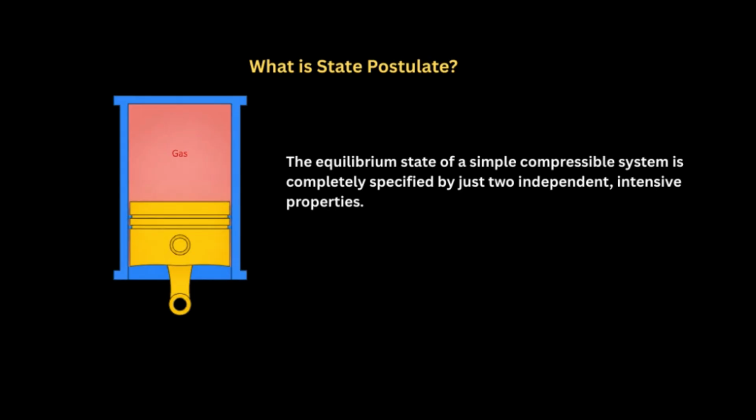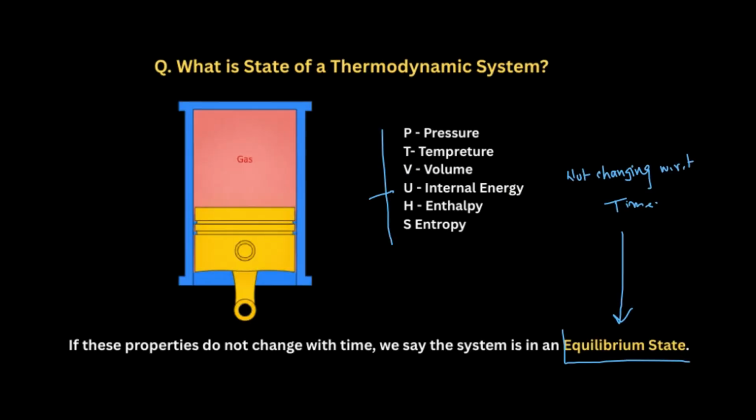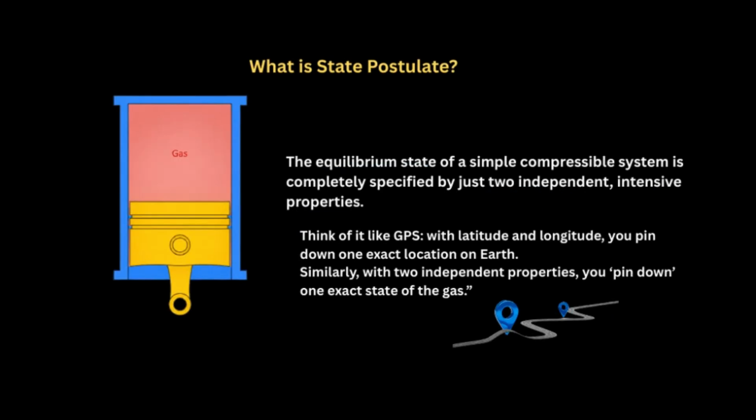It says that to define the equilibrium state of a simple compressible system, we'll try to understand that, we just need two independent intensive properties, just two. So if we just fix any two properties which are independent and intensive, then the rest of all the properties get fixed. You can think of it as a GPS system, right?